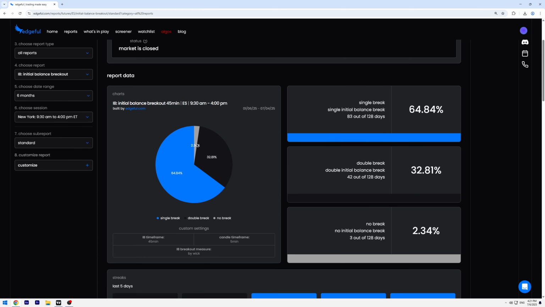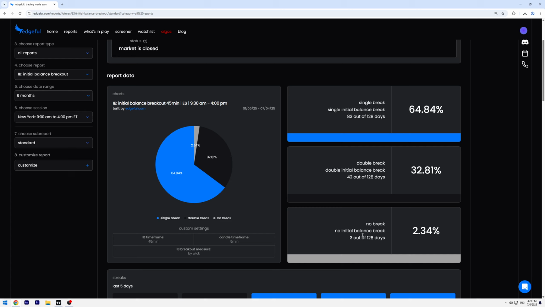So for ES it's basically 2%, 2.3%. So there's no break, and it's usually bank holidays or weird days that don't have volatility, or if before the market open there is a huge spike and it just corrects the rest of the day.